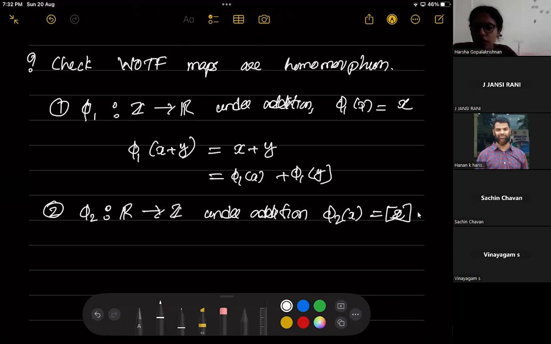So you know what is greatest integer x, right? If I am taking any real number, the greatest integer less than or equal to that real number is the greatest integer function. For example, what will be the greatest integer of 1.2?